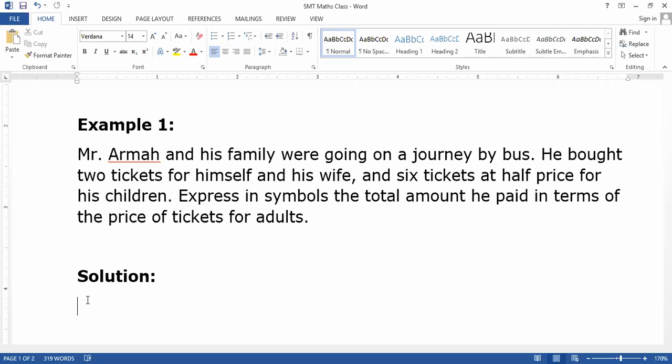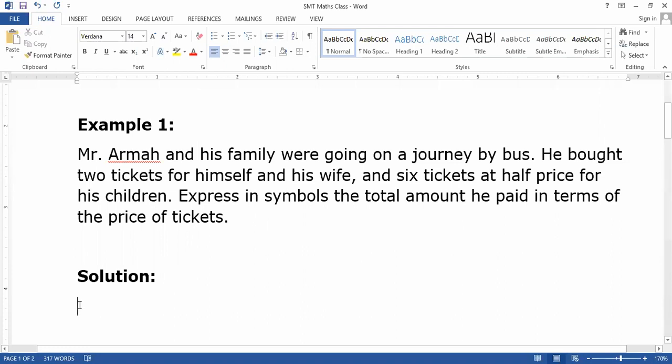When he was traveling, he bought tickets, 2 of them for himself and his wife. However, he bought 6 tickets at half price for the children. He was supposed to express in symbols the total amount he paid in terms of the price of tickets.